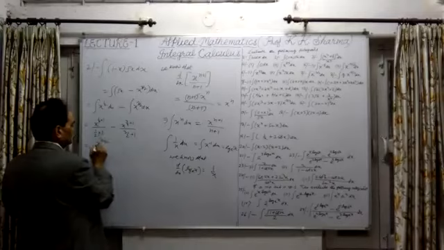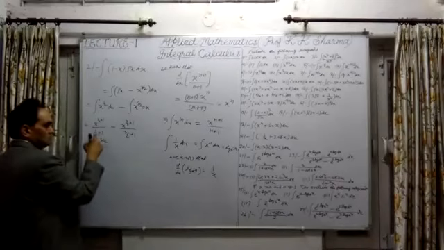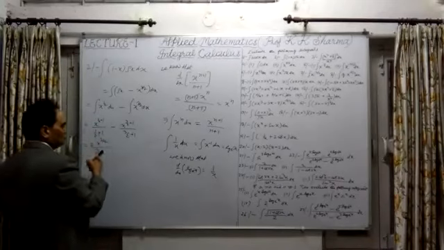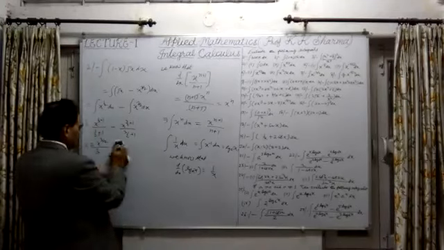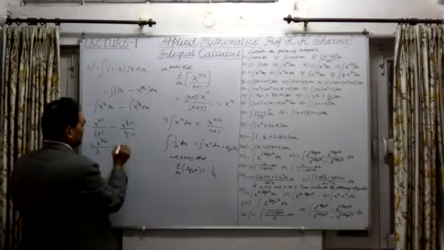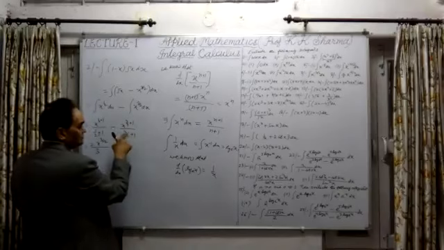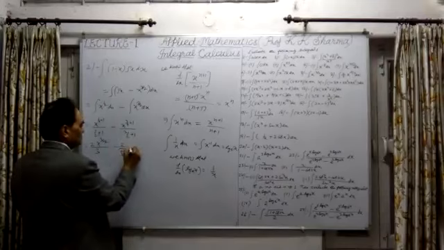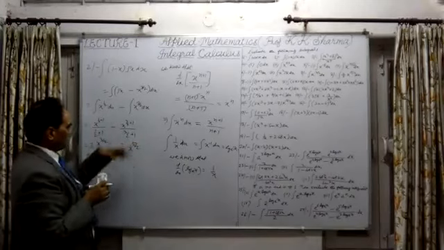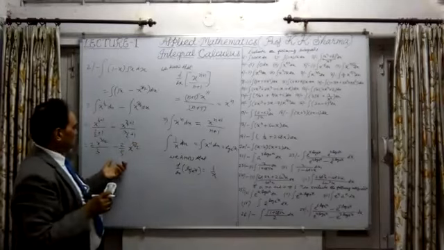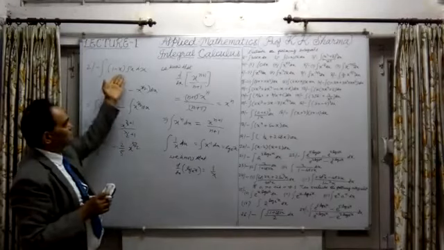So x^(3/2) divided by 3 by 2 means 2 by 3 times x^(3/2). Minus sign in between. Then 3 by 2 plus 1 is 5 by 2, so 2 by 5 into x raised to the power 5 by 2. This is how we have to find these values. So this is the answer of this question.